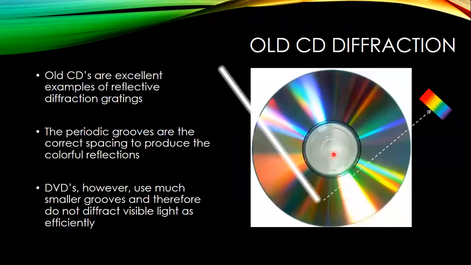If instead, here's an old CD, by the way, which actually acts like a diffraction grating because you have these microscopic grooves at which a laser beam will reflect off of. We see this with the old CDs, by the way. We don't see it with the DVDs because the DVDs, actually, the grooves are too small. They're much smaller than what we get on the older CDs.